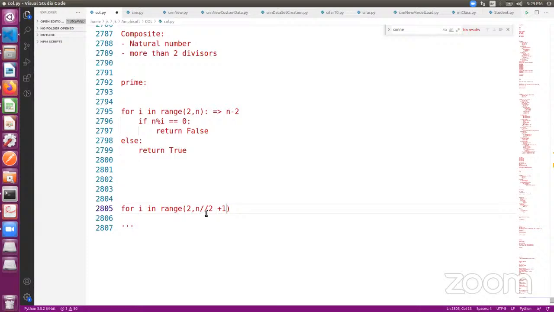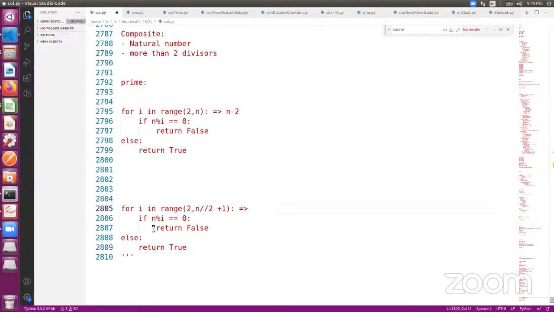Because the end is not inclusive, right? 20 by 2 is 10, so I give 11, because 10 also should be included. That's why I have given plus 1 here. And this is an integer division, just to avoid floating numbers. And the same logic follows. Any doubts in this? Understood, right?